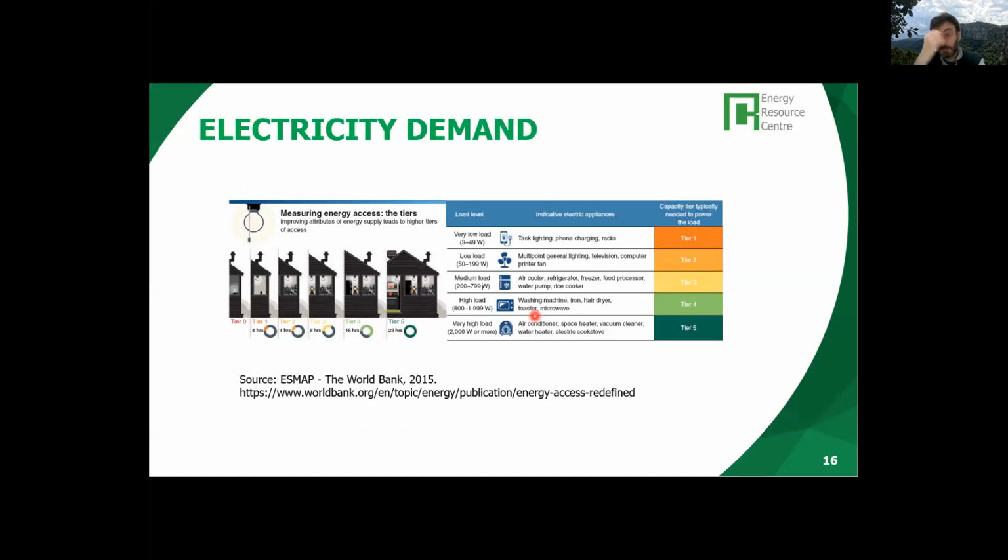Those PV systems will be connected to the grid in our house or in an office building, but will be primarily feeding the own consumption in the building, and then the surplus will be fed into the grid. In any case, the electricity demand needs to be understood and analyzed.